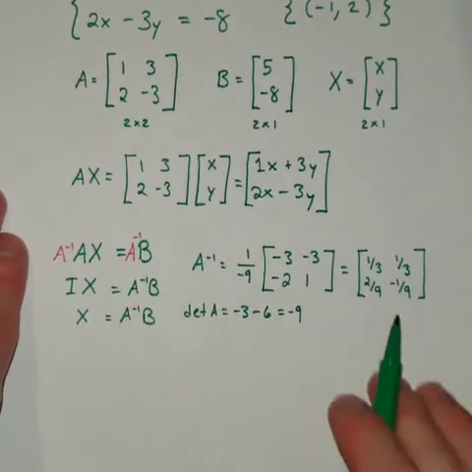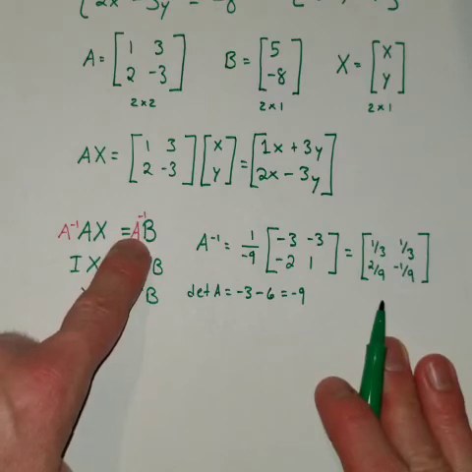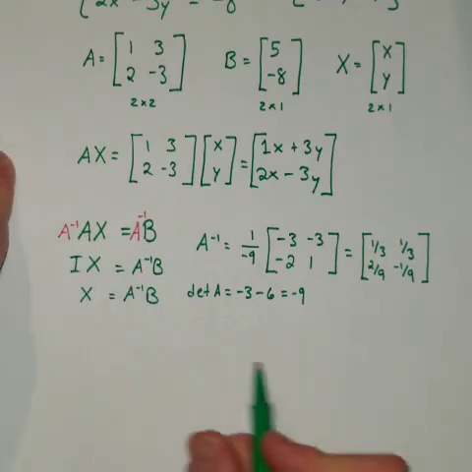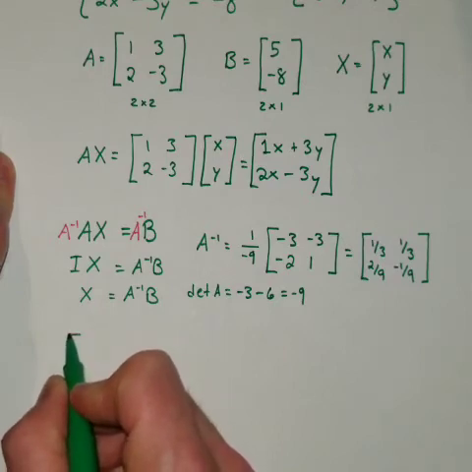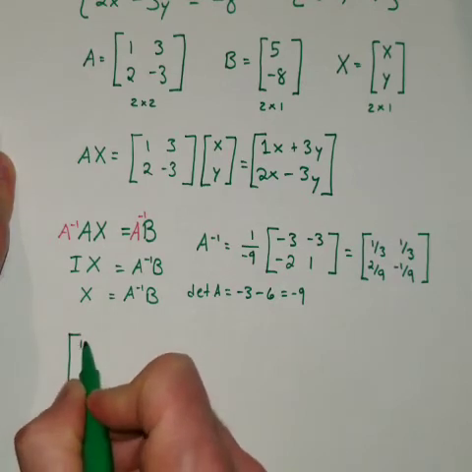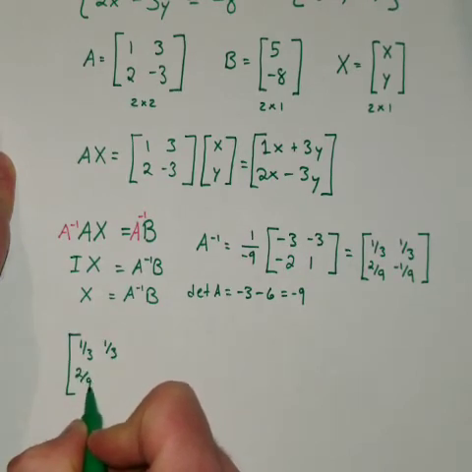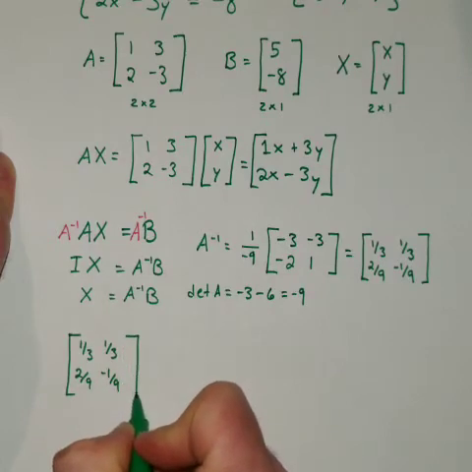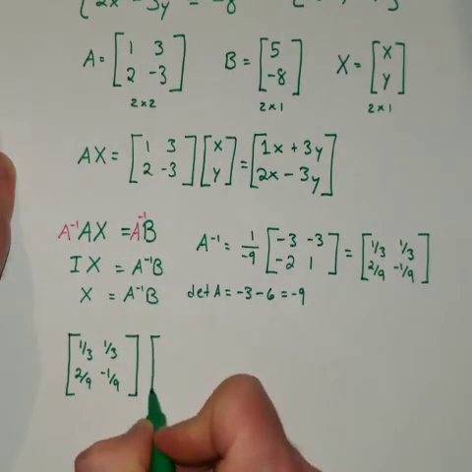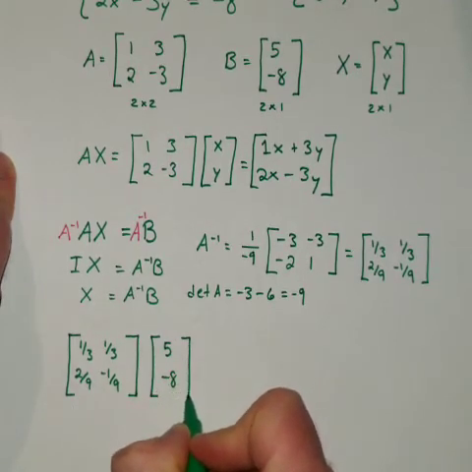If I take that inverse matrix, multiply it on the left times B, so I should go with 1/3, 1/3, 2/9, -1/9, multiplied by matrix B, which is 5, -8. We'll see how this goes.